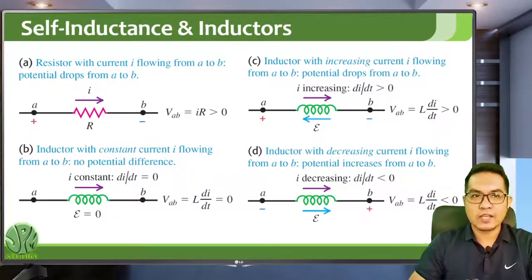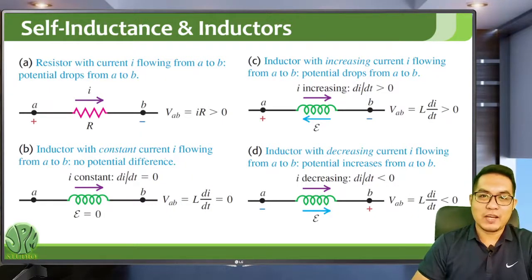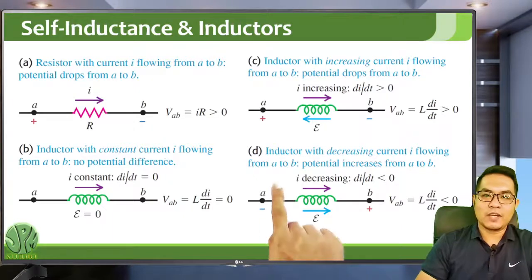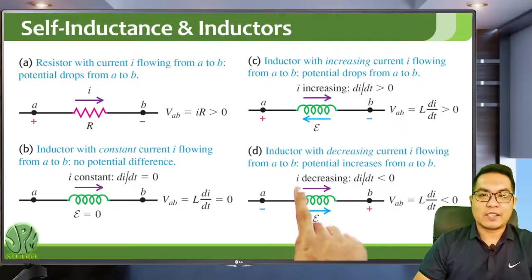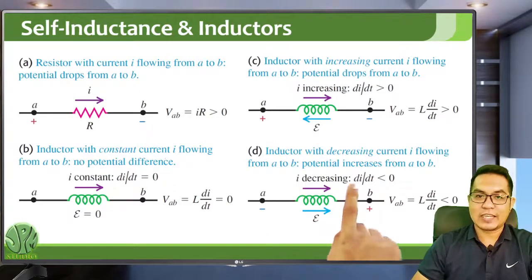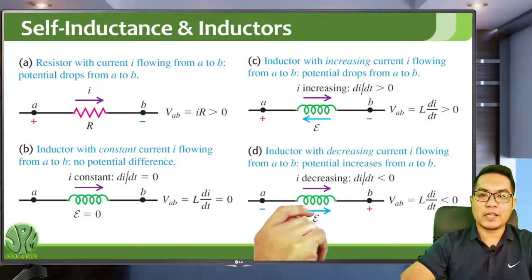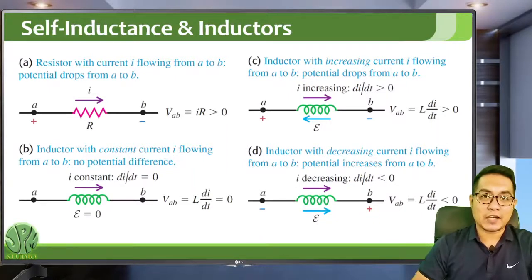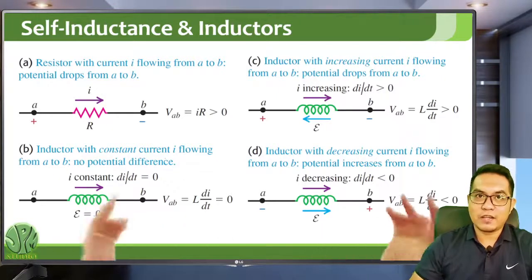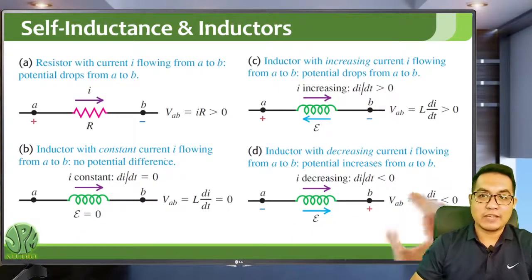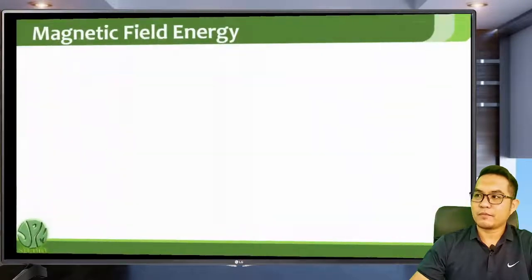That is always how nature reacts to any changes in flux and current. In another case, if the current is decreasing in that direction, then there will be an induced EMF in the same direction to support the decreasing current, so that the current will, as much as possible, remain steady.